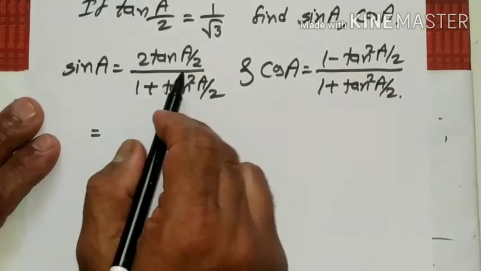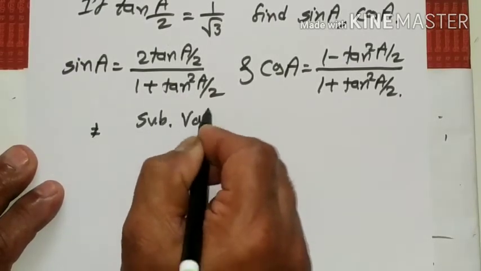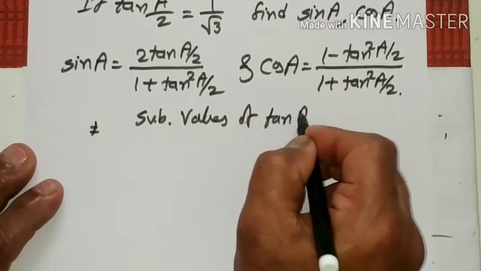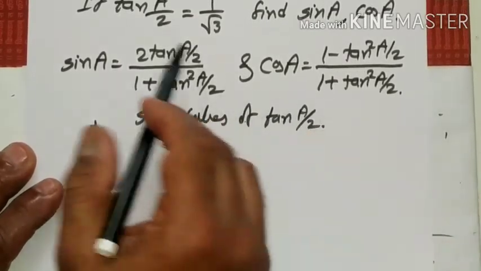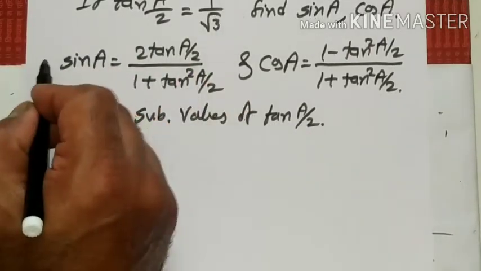Substitute value of tan a upon 2, which is given in the given example.